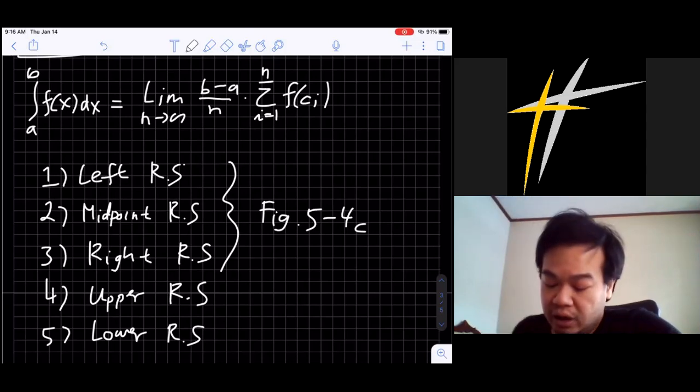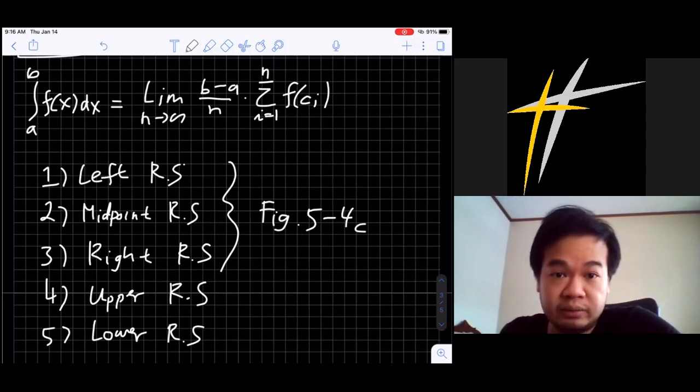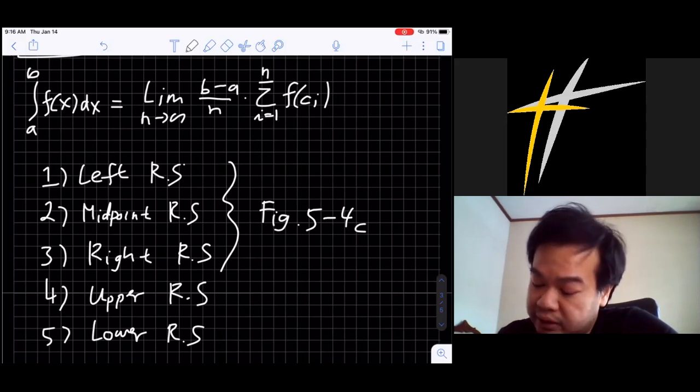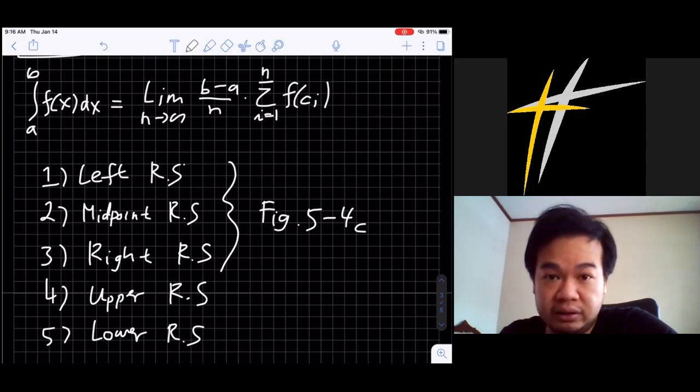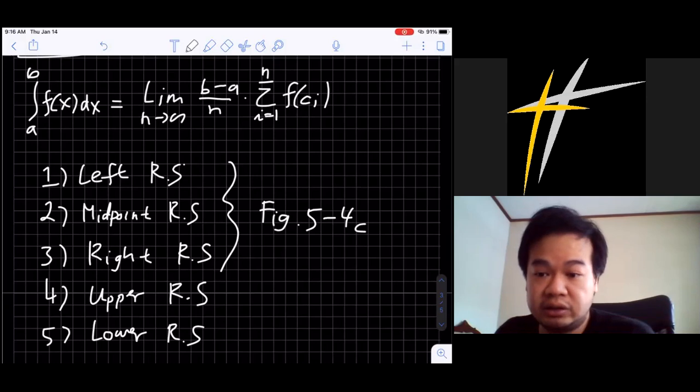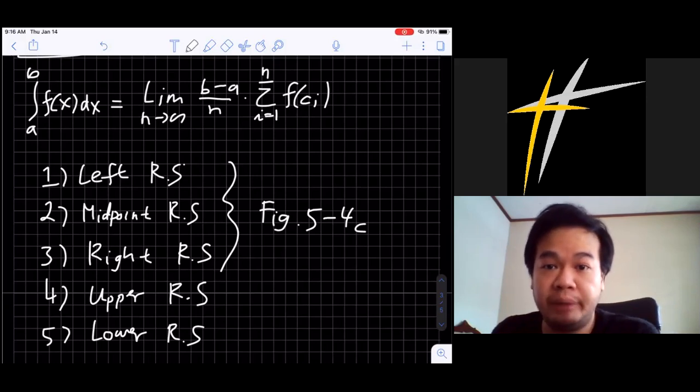It is partitioned into 6 increments, into 6 sub-intervals. By the way, for all of these methods, we're gonna assume that the delta x is the same, that the width of the base of each rectangle is made the same. So it's equal base.